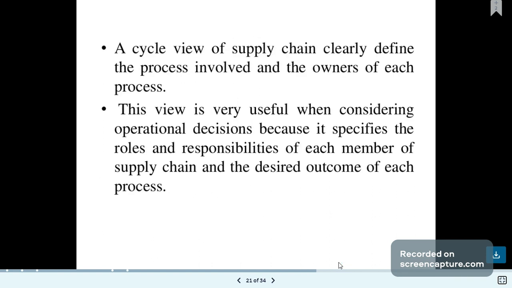A cycle view of the supply chain clearly defines the processes involved and the owner of each process. This view is very useful when considering operational decisions because it specifies the roles and responsibilities of each member of the supply chain and the desired outcome of each process.